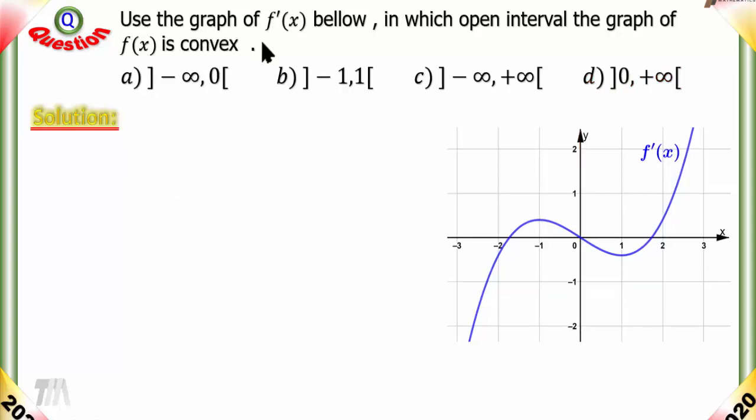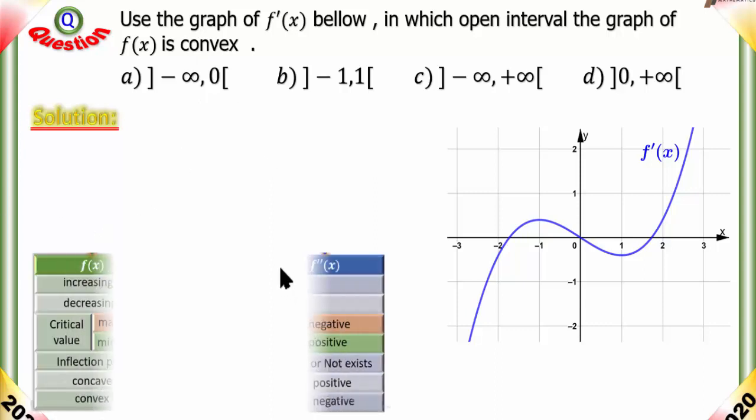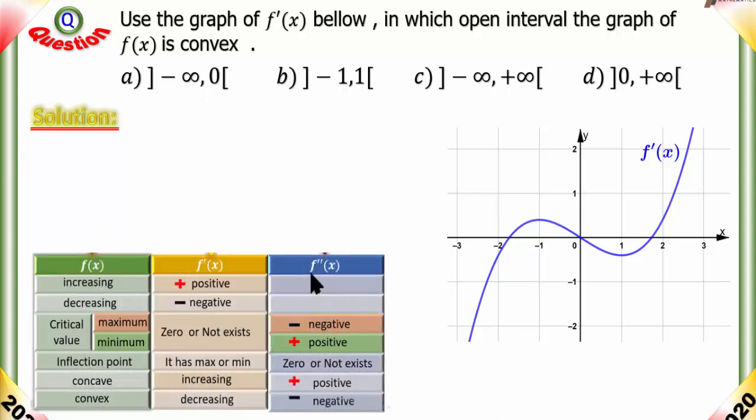Use the graph of f prime of x below. In which open interval is the graph of the function f of x convex? First of all, if you remember the table I gave you, f of x is convex when the second derivative is negative and the first derivative is decreasing.